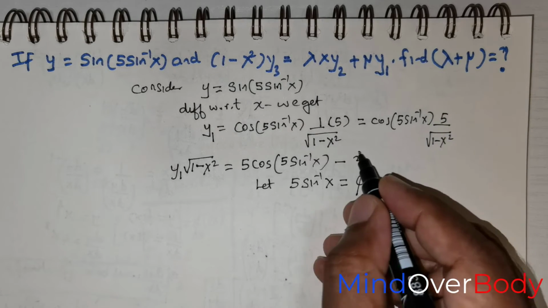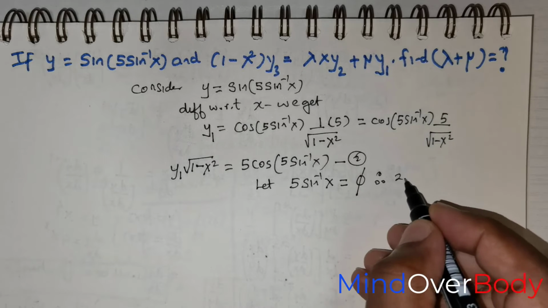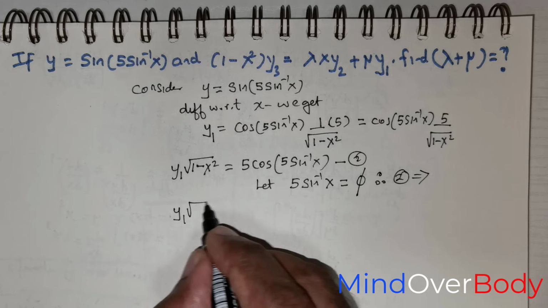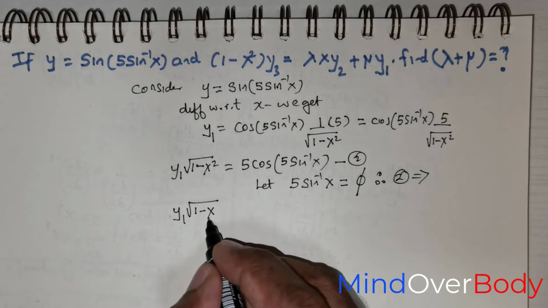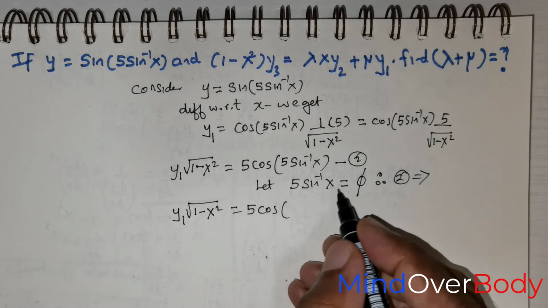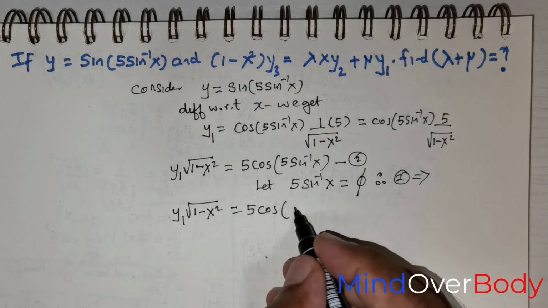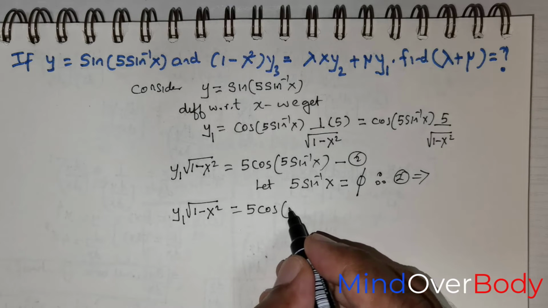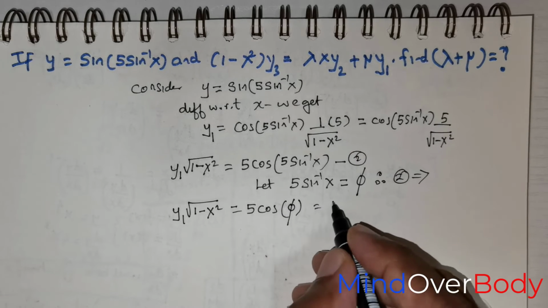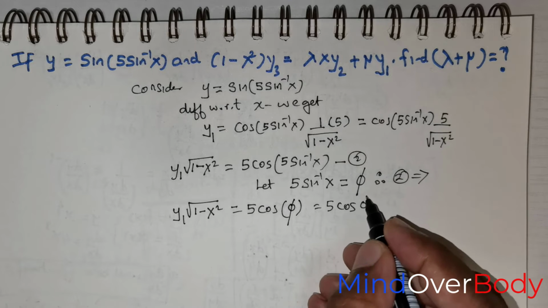So if I were to take this as phi, therefore I can rewrite this to be y1 times root of 1 negative x squared is equal to 5 times cos of 5 times sine inverse of x, which is phi. So this is going to be cos phi. So probably it's better to write like this, cos phi. That's fine.